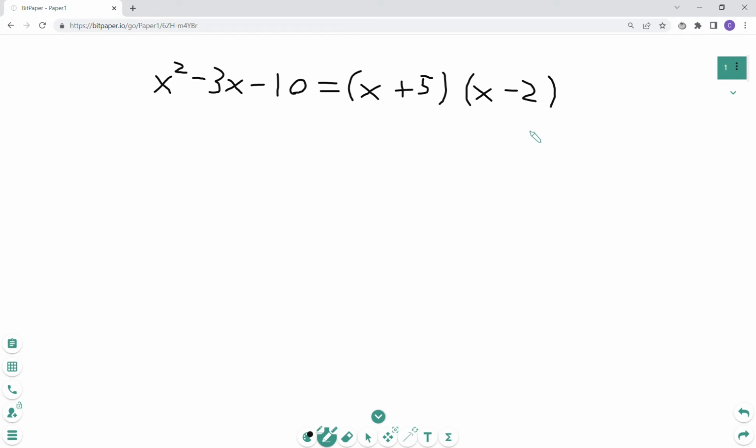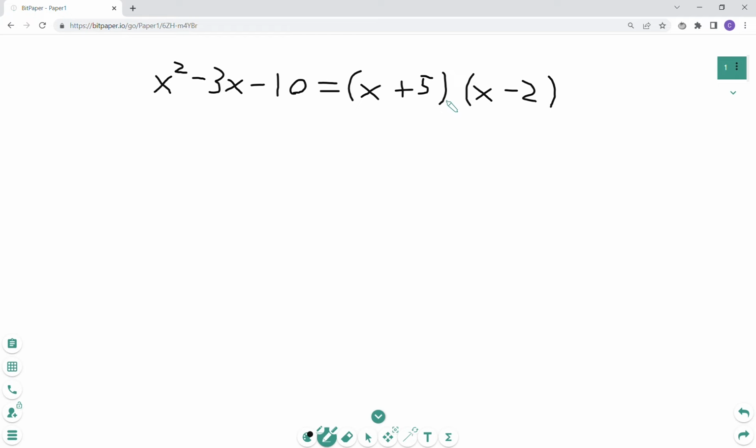We got a problem here, because when I add them together, I got to get the minus 3 in front of the x. But now if I add them, I have 5 plus negative 2, which gives me positive 3, not negative 3. So it looks like I made a mistake.